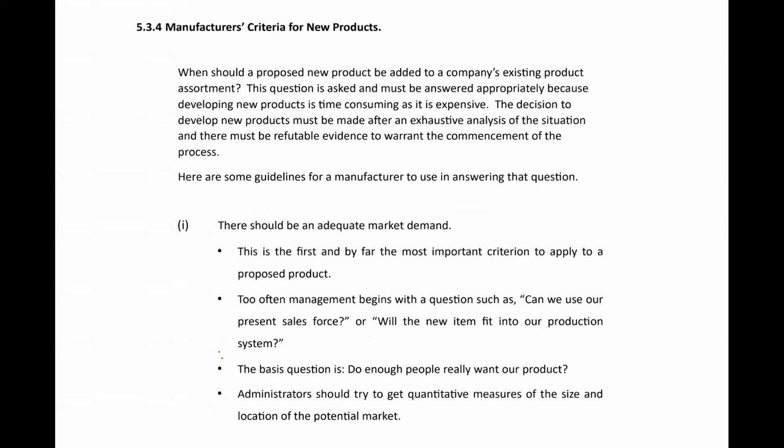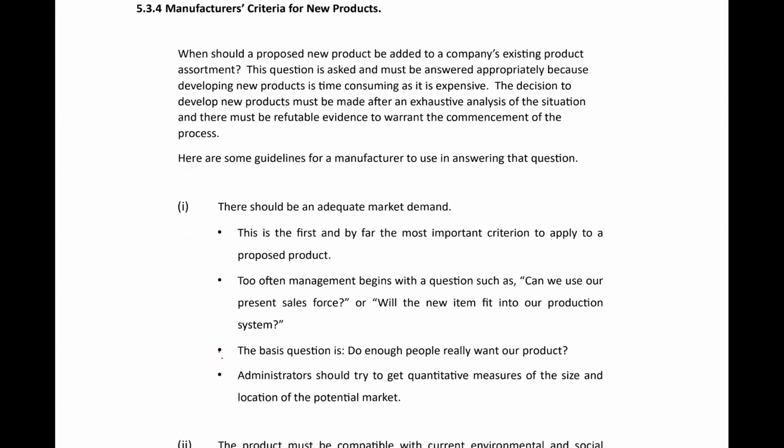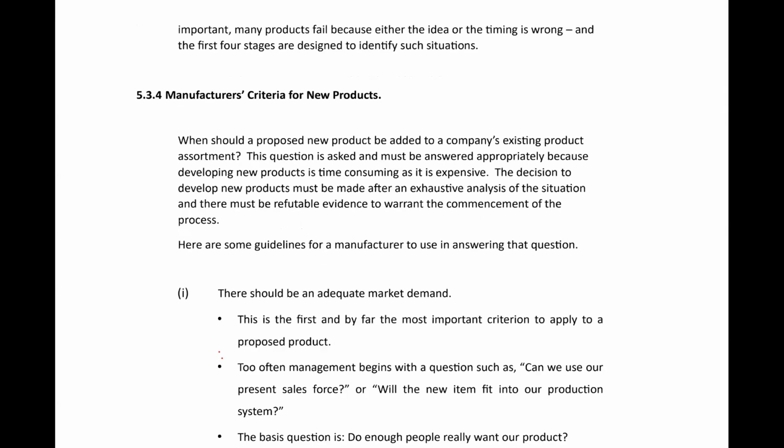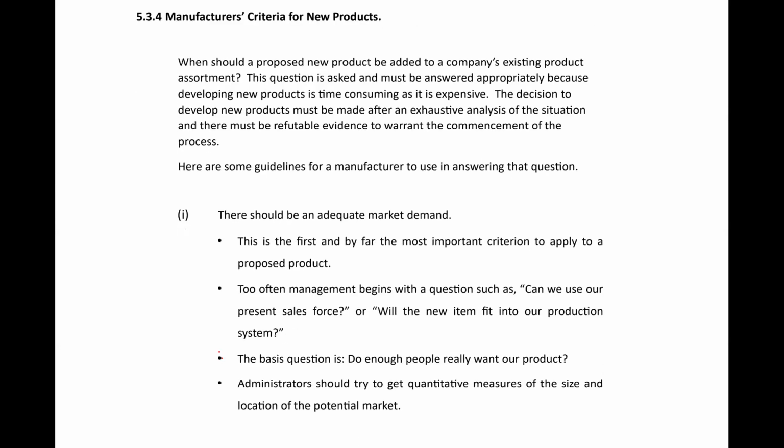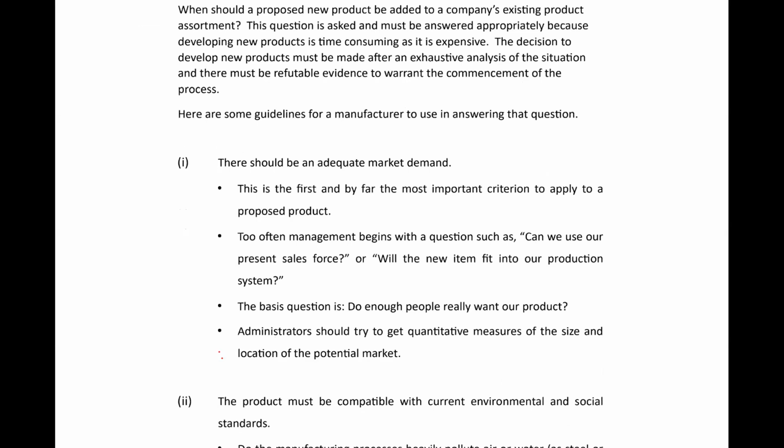Now, manufacturers are sometimes there to develop the new products, right? There are guidelines for a manufacturer to use in answering the questions of the new product that they have to create. Product assortment. Number 1, there should be an adequate market demand. There should be an adequate demand, right?